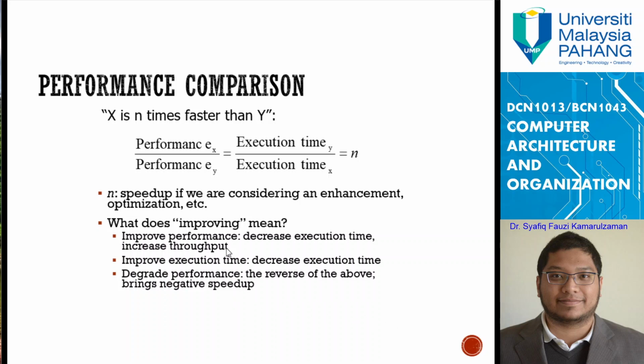And we degrade the performance, which is the reverse of the above, by bringing a negative speedup. This means you degrade the performance of the PC you are comparing, so you can see that your PC is better than the negative speedup PC.